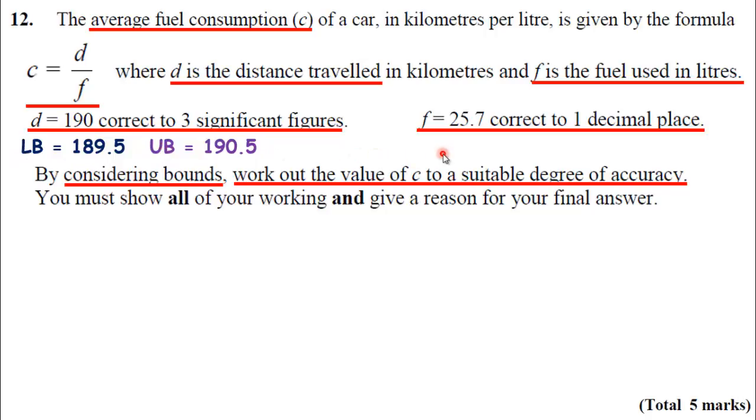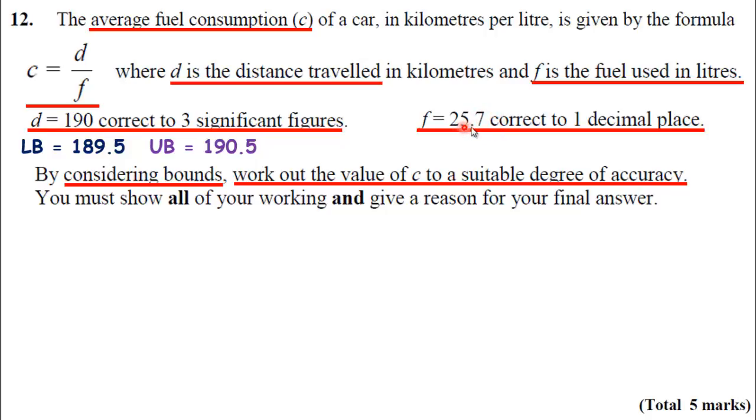Okay, I need to do the same for the other to make sure I pick up some marks. This is always going to be to 1 decimal place. So if I think about how this would increase or be counted in 25.7, 25.8, 25.9, so it will always be to 1 decimal place. So I need to add and subtract 0.05 from this.